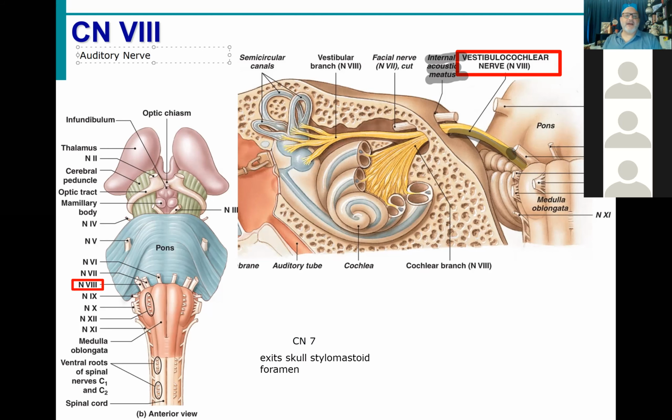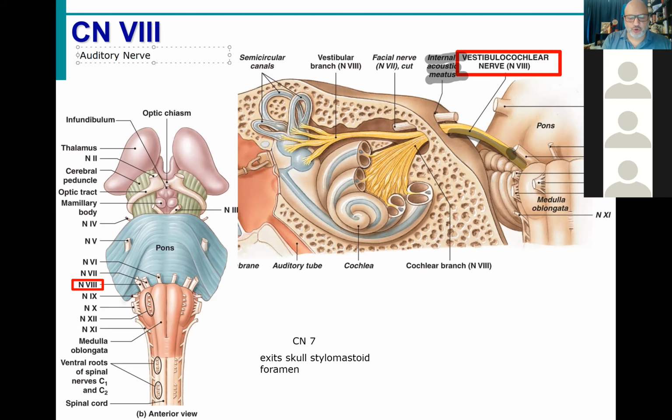And in fact, my not suitable for work mnemonic, which no, I will not share with you, for cranial nerves uses an A in the 8th spot because it used to be the auditory nerve. However, the auditory nerve is a horrible, horrible name for this nerve because this nerve does 2 equally important things.